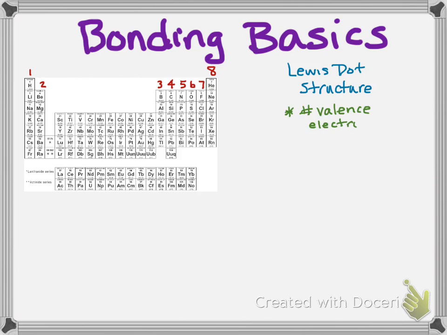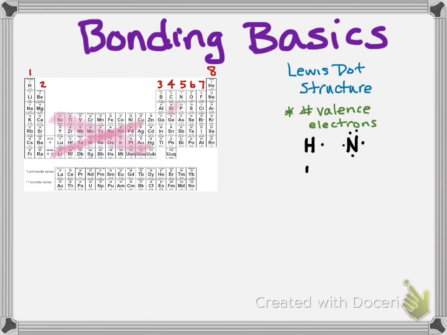So again, if I gave you an example, let's say I picked out silicon, which is right here, element number 14. If you were to look at that, you'd say it has 4 valence electrons. So that's all you have to do, is look through them and determine how many valence electrons there are. For this one, we can ignore, again, our transition metals.